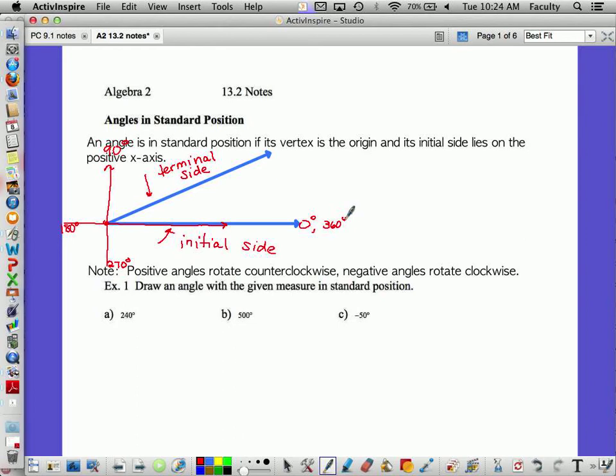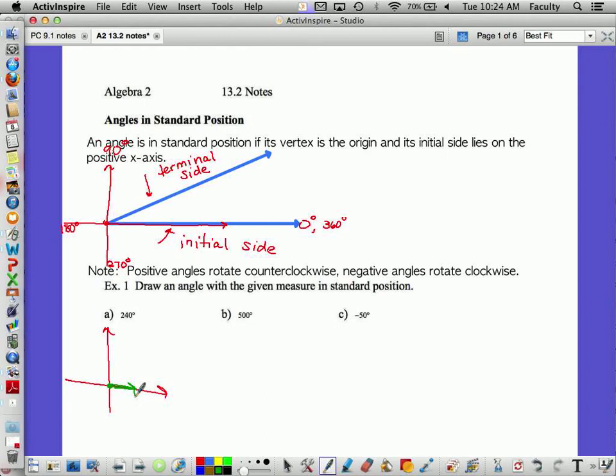So, if I want to draw an angle in standard position and I have 240 degrees, what we're going to do, we're going to start with a little grid here. Here I am starting.